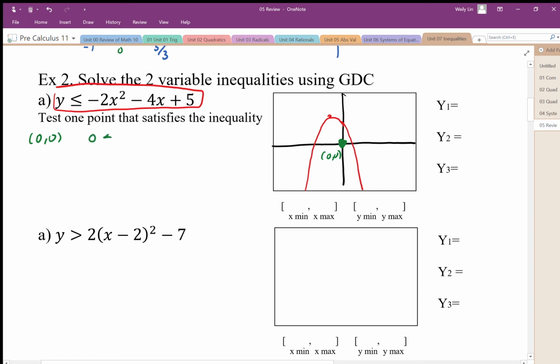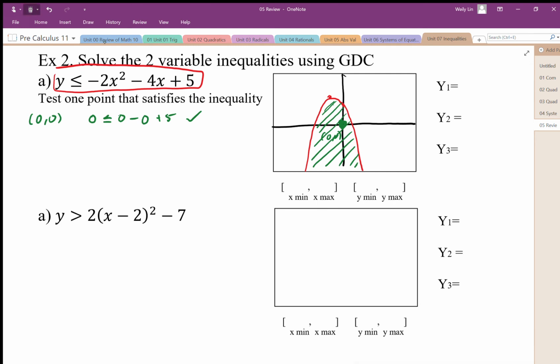So 0 is less than or equal to 0 minus 0 plus 5. That's true. So our test confirms that this is the right area. We are looking at the area below the boundary line. So there's our solution region, and every point that we test in that region should work. Every point outside the region does not satisfy the inequality.